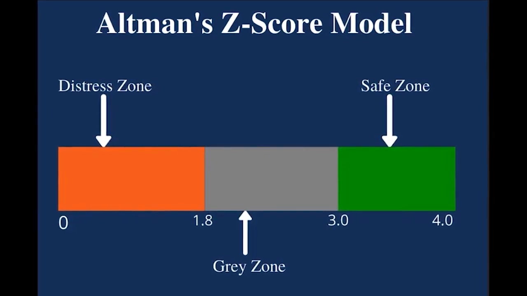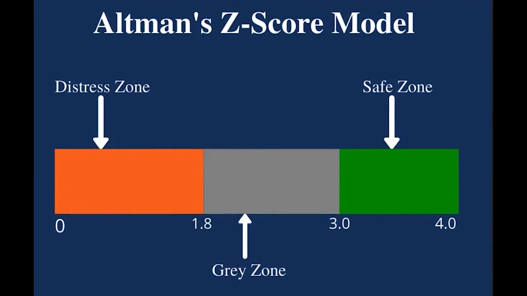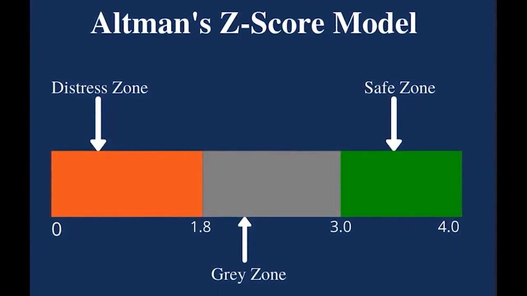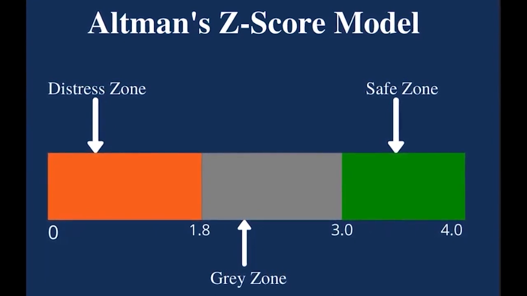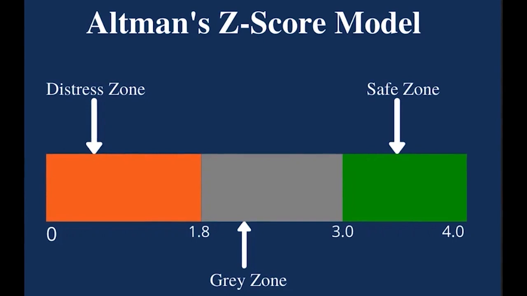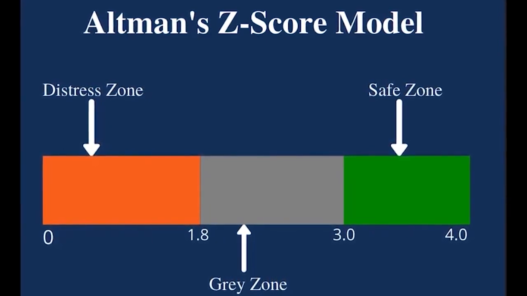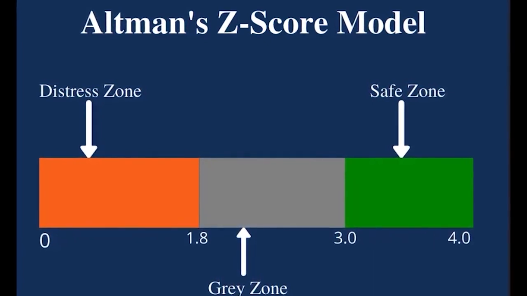A score below 1.8 means it's likely the company is headed for bankruptcy, while companies with scores above 3 are not likely to be. As an example, the median Altman Z-score of companies in 2007 was 1.81, which is very close to the threshold that would indicate a high probability of bankruptcy.